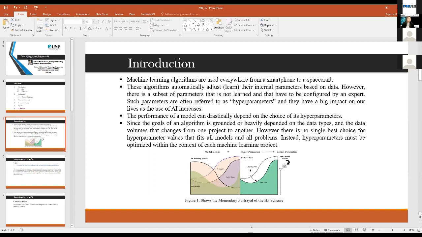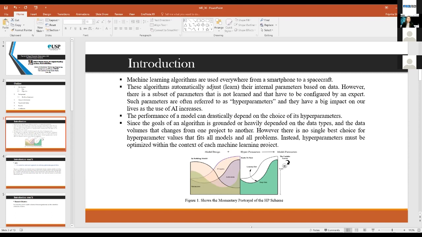Moving towards our introduction. Our introduction is more grounded towards machine learning algorithms. So in fact, machine learning algorithms are used everywhere from a smartphone to a spacecraft in the current modern era. These algorithms automatically adjust or rather learn their internal parameters based on data.